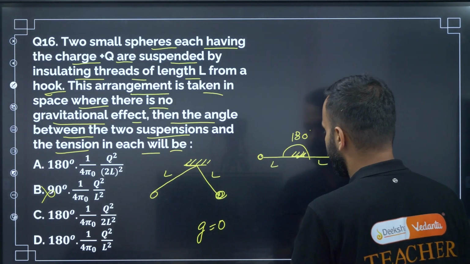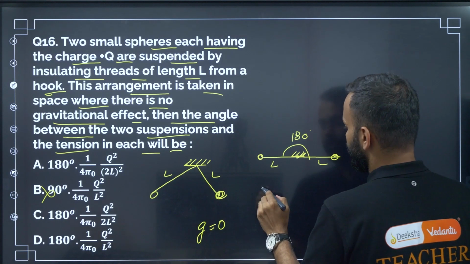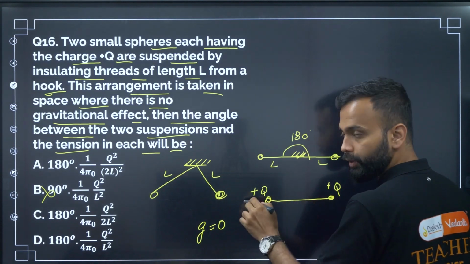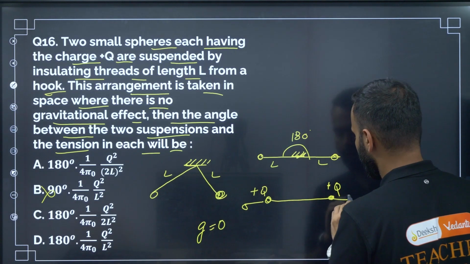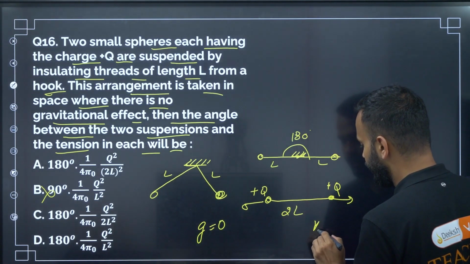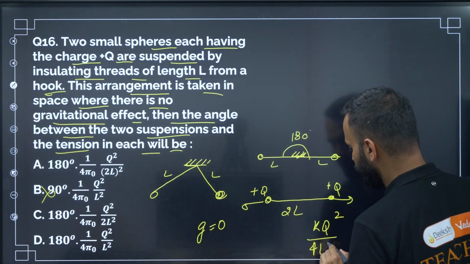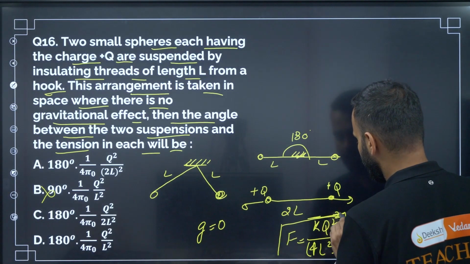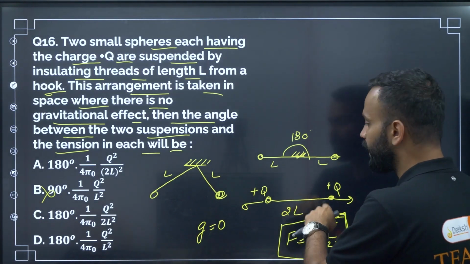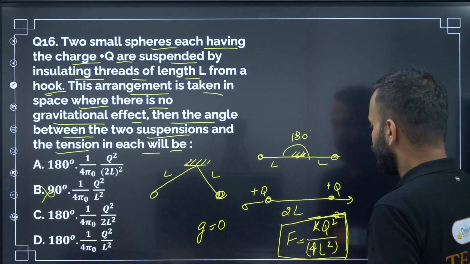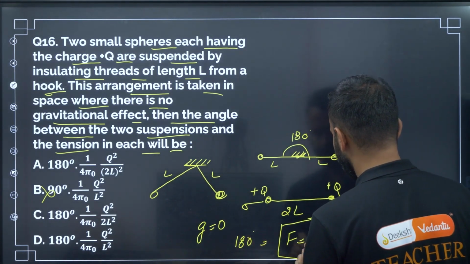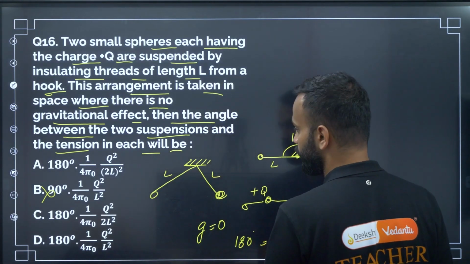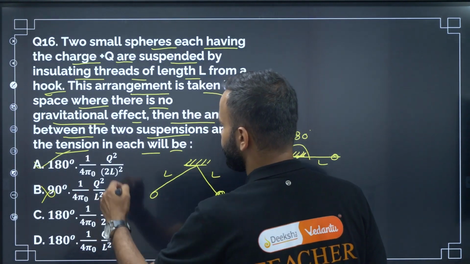The length is L and L, and both are charged with charge plus Q. What is the repulsive force between these two charges? The repulsive force is k into capital Q square divided by 4L square, which is equal to the tension in the thread. So the tension T equals kQ square divided by 4L square, or (2L) whole square. So the correct option is A.